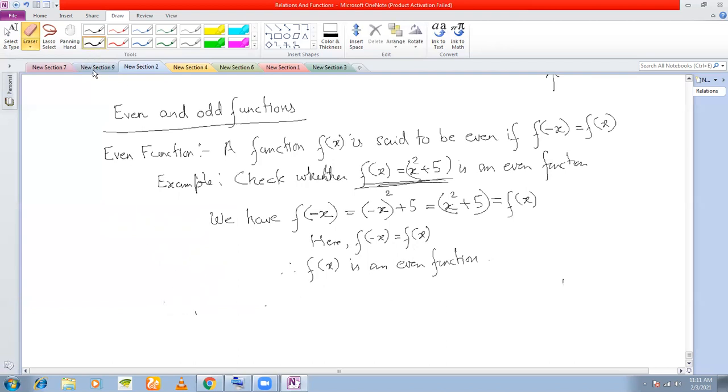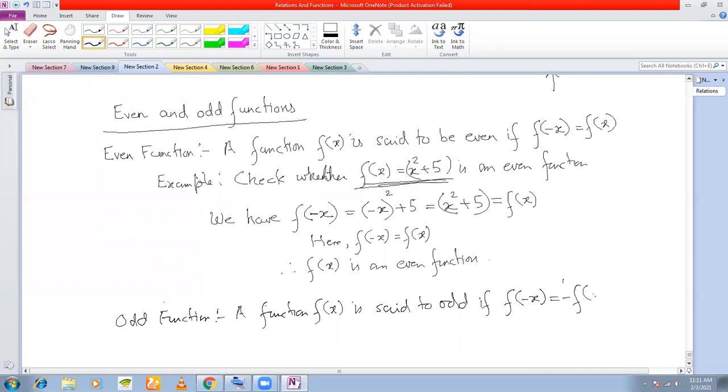Odd functions. Next definition, odd function. A function f(x) is said to be odd if f(-x) is equal to minus f(x). Clear?